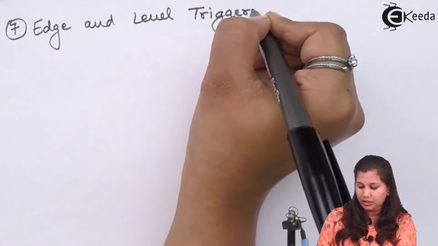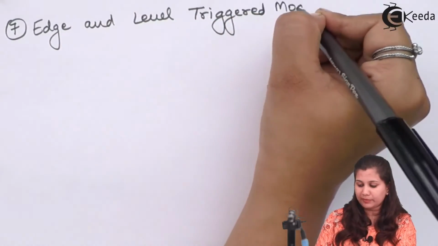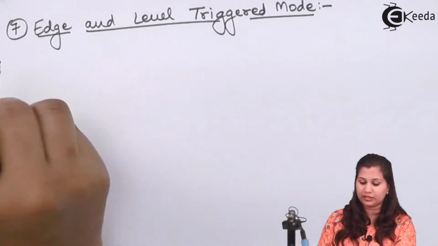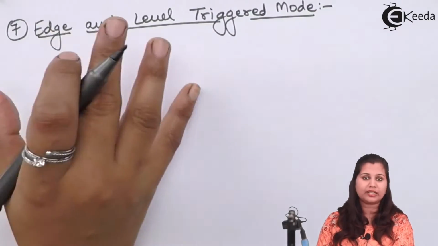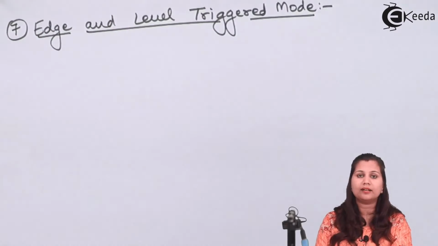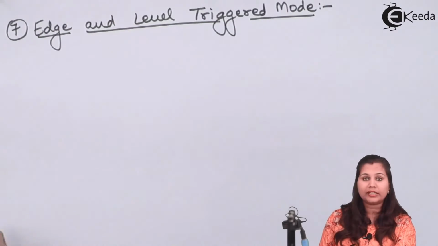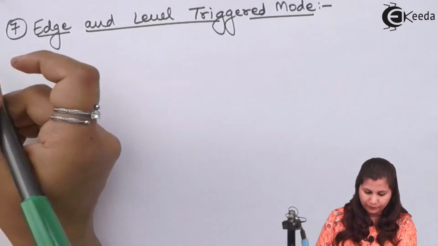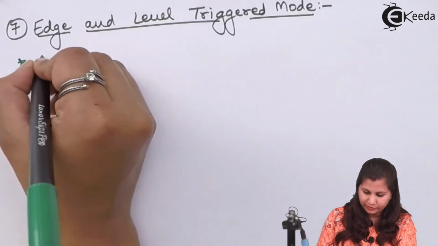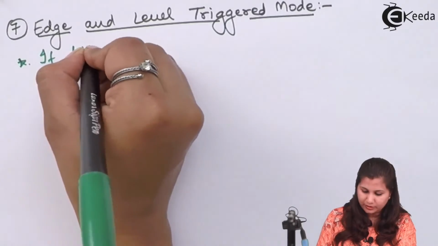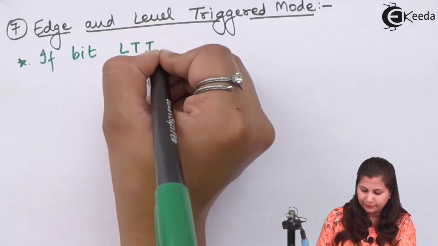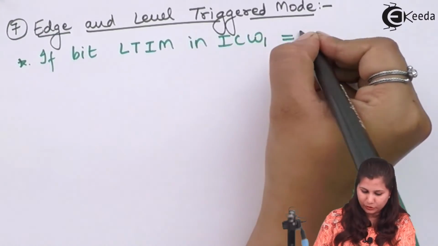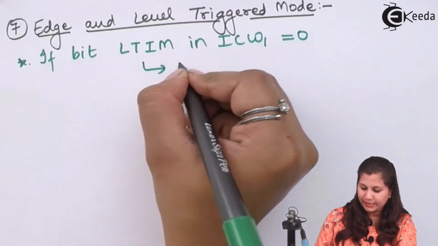Now the interrupt requests can be either edge triggered or level triggered. And this edge and level triggering is decided by a bit in the initialization command word first. If the bit LTIM in ICW1 is equal to 0, then it is edge triggered.